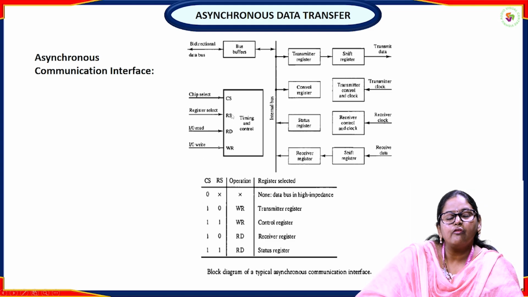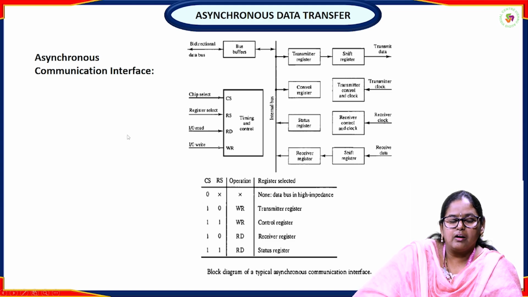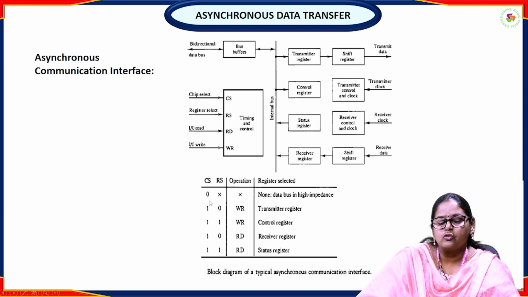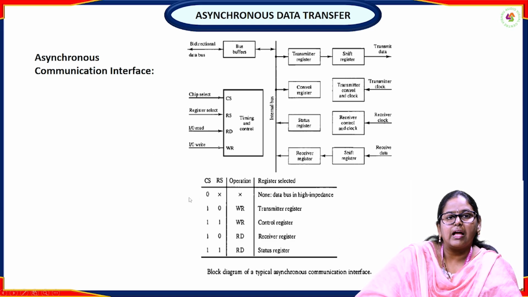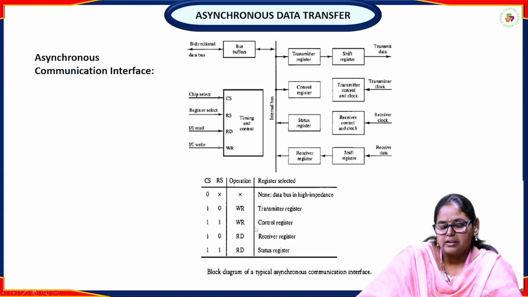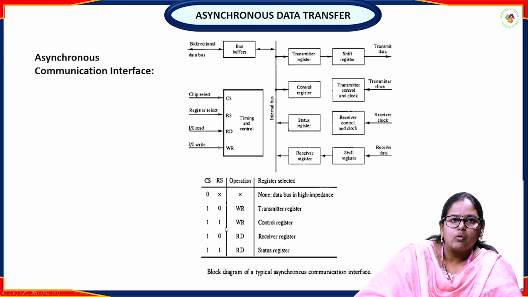And here, how exactly does it know what kind of information it is transmitting into which register? It is represented by the values we supply for the inputs of timing and control. The table here shows which register is used and what kind of operation is going to be done.